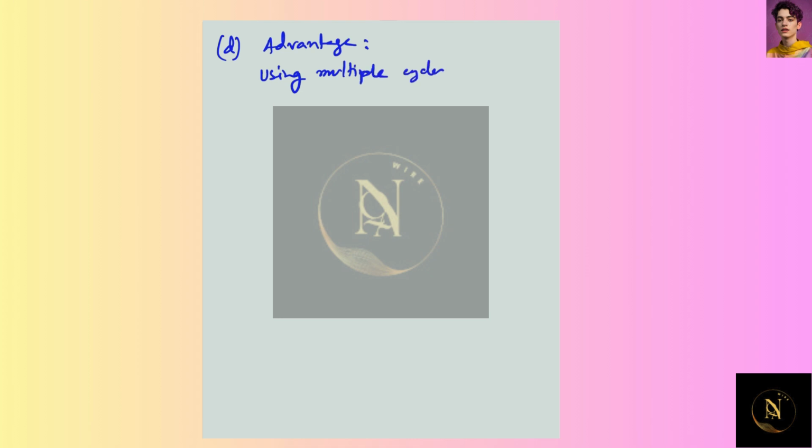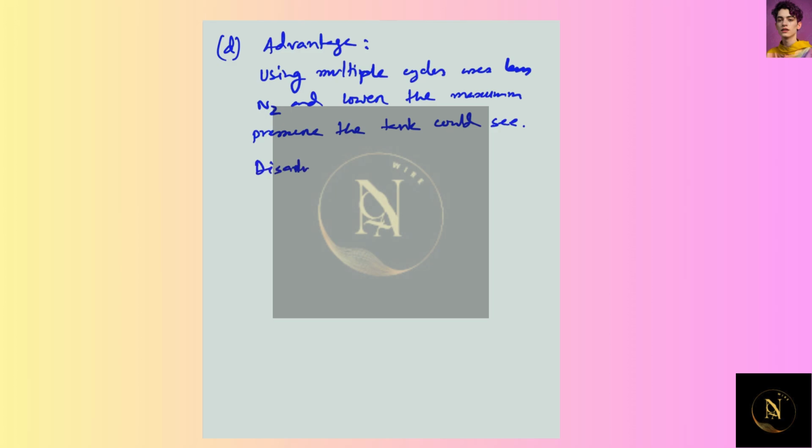Using multiple cycles uses less nitrogen and lowers the maximum pressure the tank could see. But the disadvantage is it could take longer to remove the oxygen through multiple cycles.